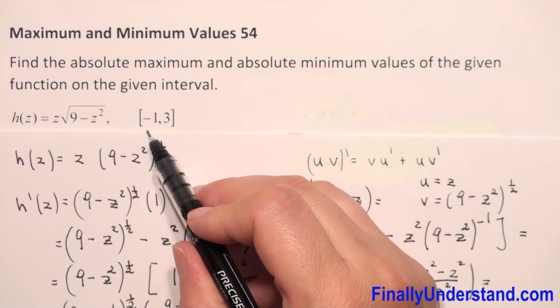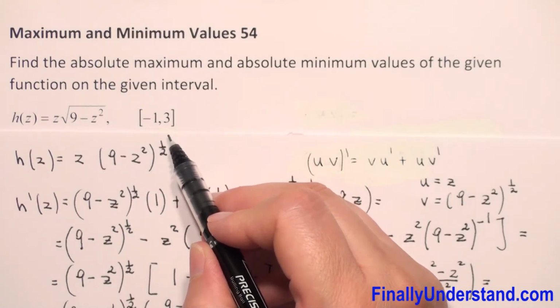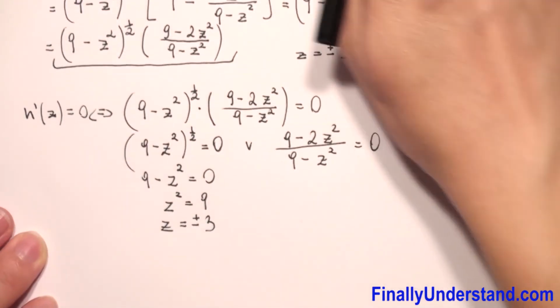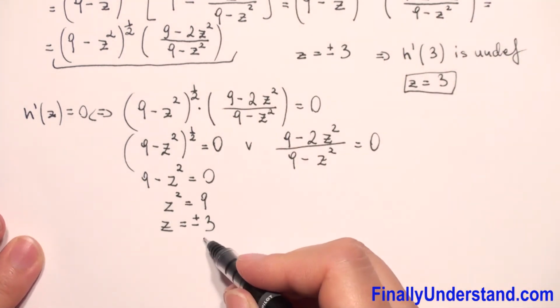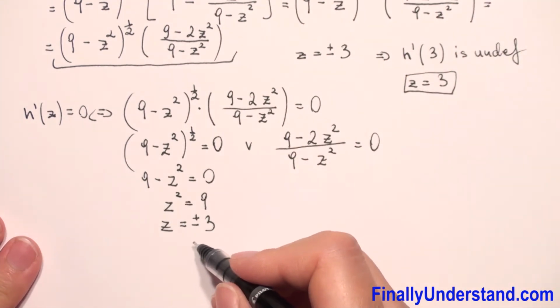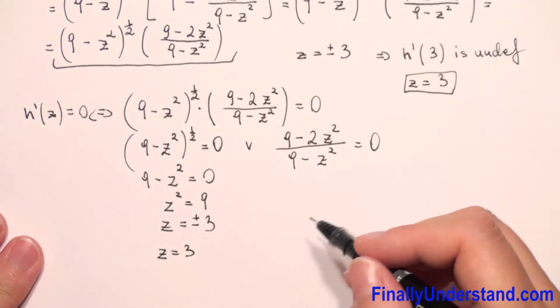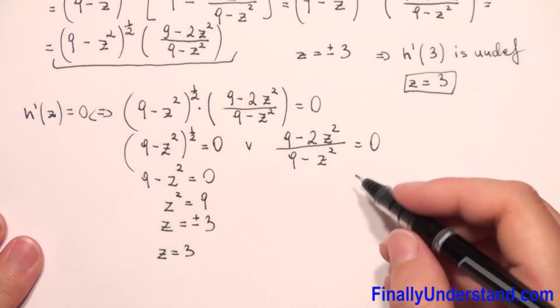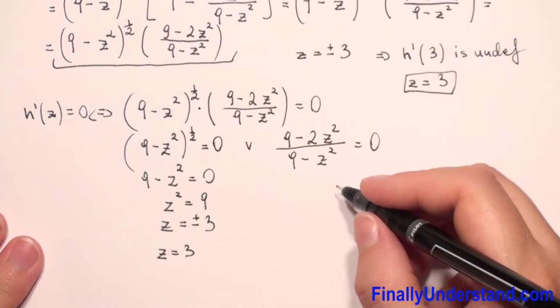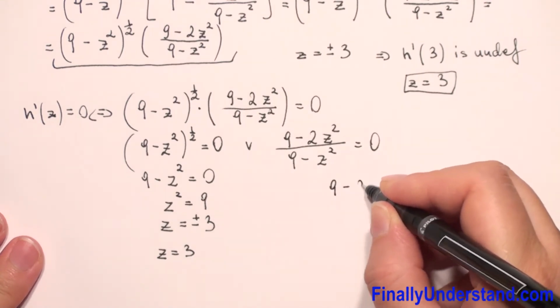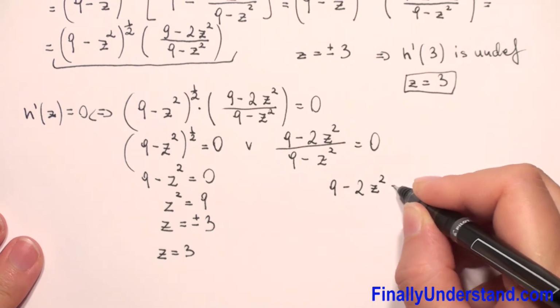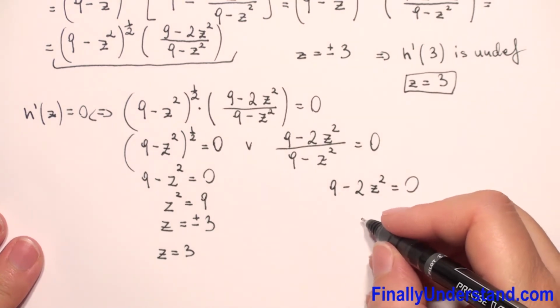Our interval is from -1 to 3. So it means -3 is not a critical point. Only z equals 3. And we have to solve this other equation, because the denominator cannot be 0. So we have 9 minus 2z squared is equal to 0.